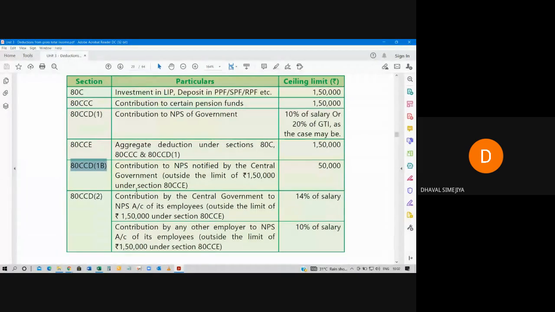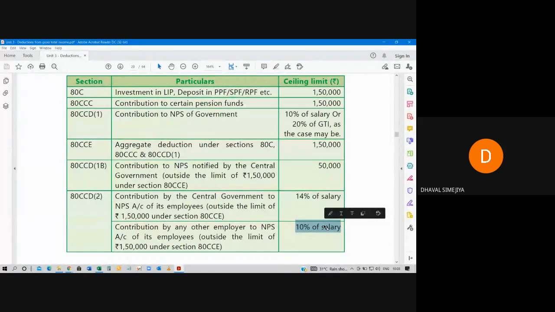But this is only for NPS, the National Pension Scheme, while 80C covers 23 points. 80CCC is only for certain pension funds, and 80CCD subsection 1 is specifically for the National Pension Scheme. And the last point is the contribution of the employer or the central government. If you are a government employee, then the central government contributes 14% of salary, and otherwise 10% of salary. That's what we have completed.